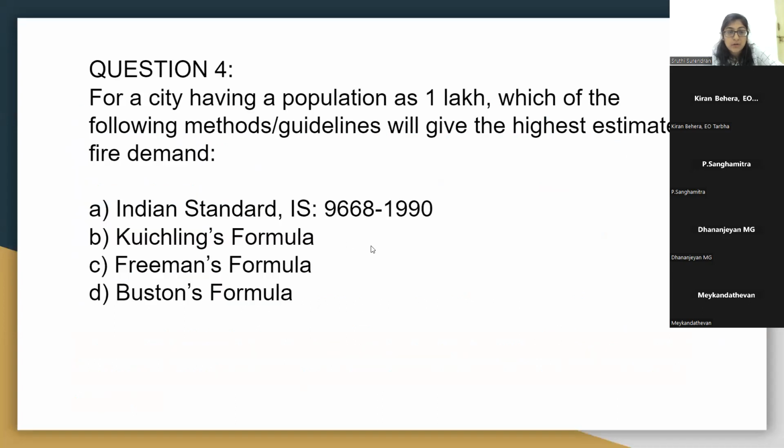Now, question 4. For a city having a population of 1 lakh, which of the following methods or guidelines will give the highest estimate of water demand?